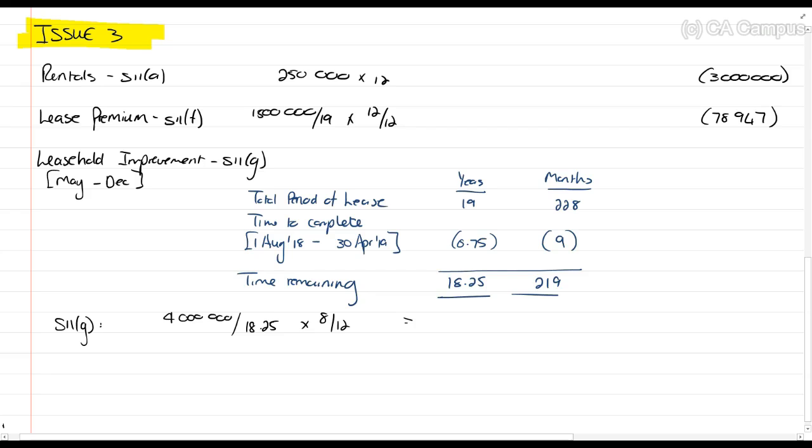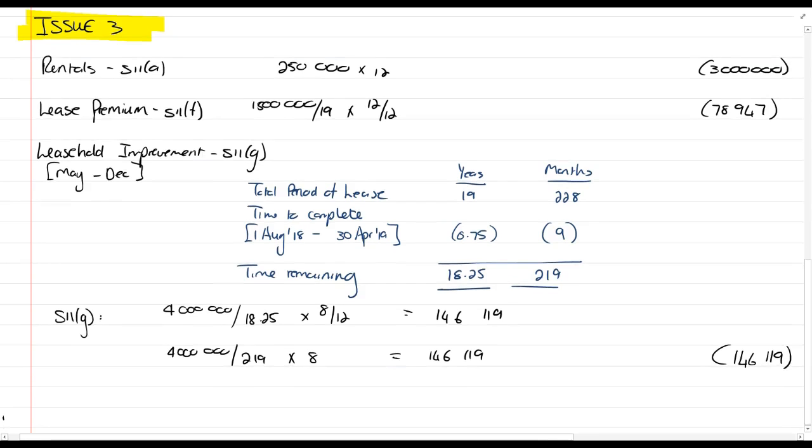And that gives you 146,119. You can also say 4 million rands divided by 219 times 8, and it gives you the same amount. So whichever one you prefer, as long as you know what you're doing in an exam.